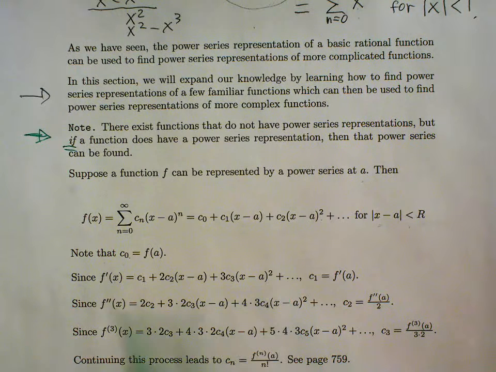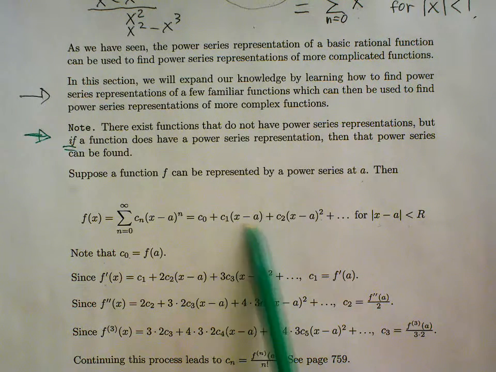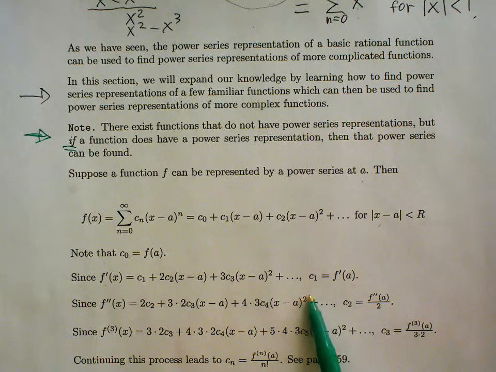And then if we evaluate the first derivative when x equals a, we just have c sub 1, which is the coefficient of the x minus a in the original power series. So f prime of a is equal to c sub 1.